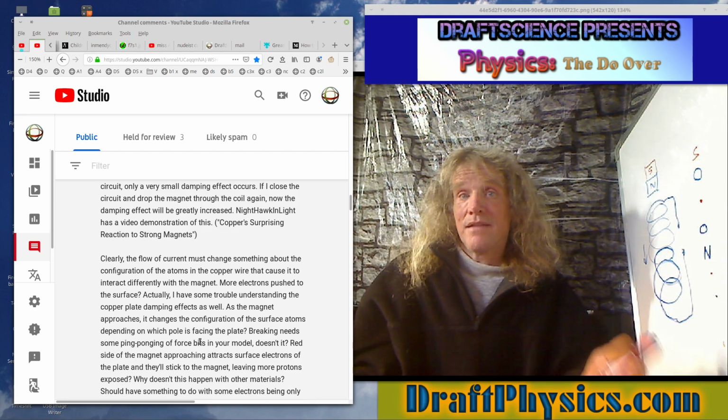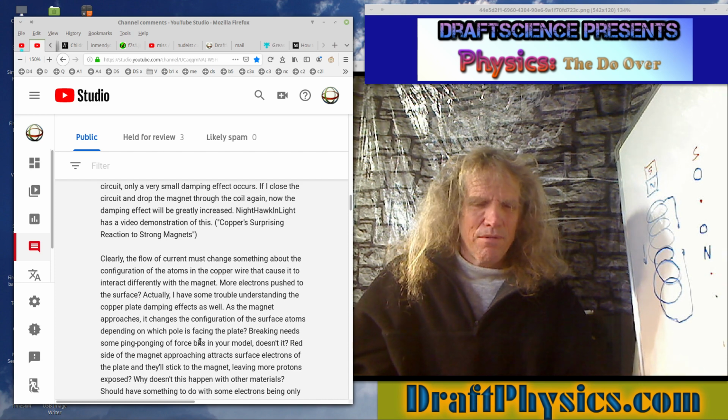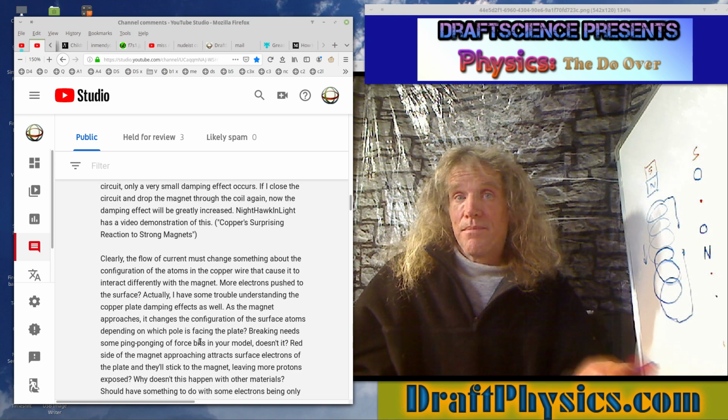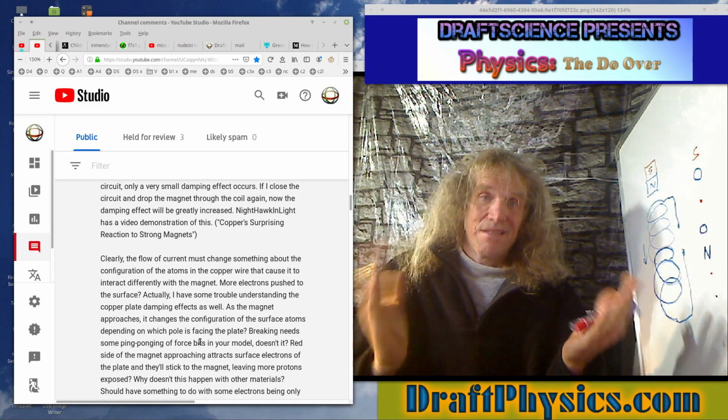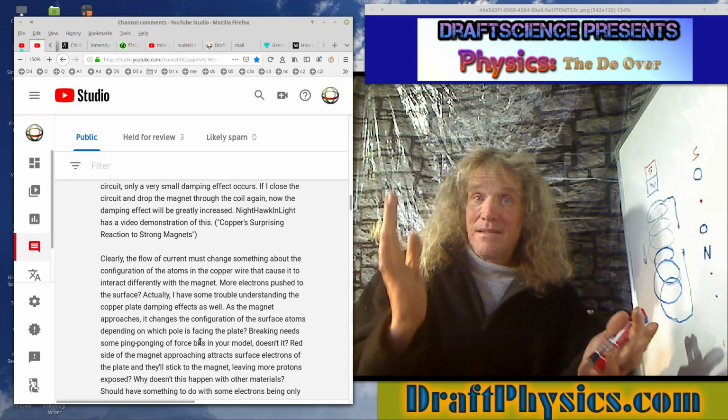We know that ends up creating a mixed field, not even a dipole field. And so that's the difference between a piece of iron that's a magnet and a piece of iron that's not.